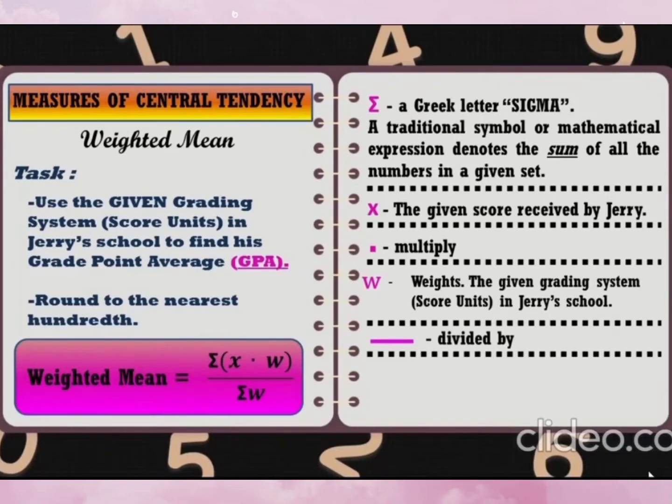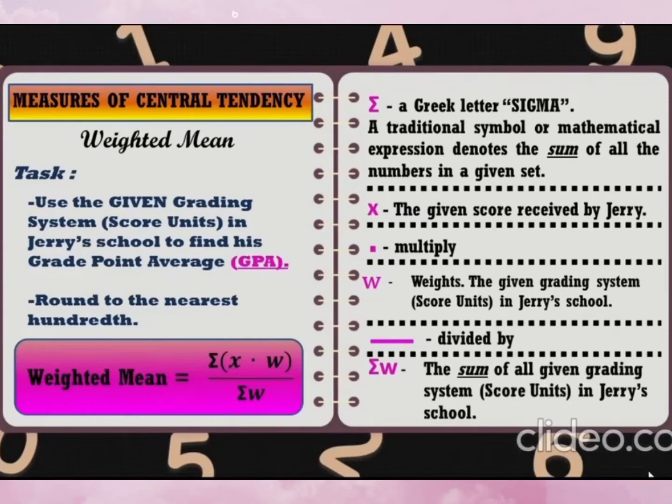And lastly, we have this symbol below, sigma W, which means the summation of all given weights, because as I said, W is our weights. So we're going to count the total sum of units per subject of Jerry, and that will be our divisor. And once again, our formula is weighted mean is equal to the summation of all Jerry's grades multiplied by their corresponding course units, and then divided by the summation or total sum of his units in all subjects.